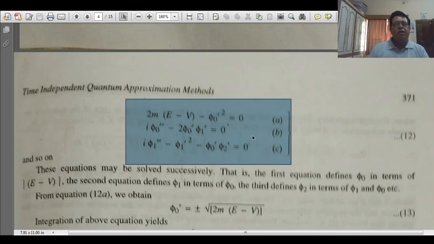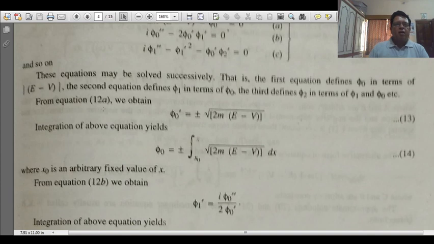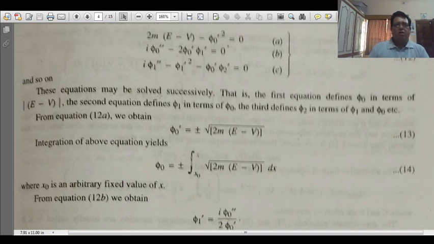We can easily obtain the h cut cube and h cut 4 coefficients also, if we consider the higher order terms. Now these equations may be solved successively.